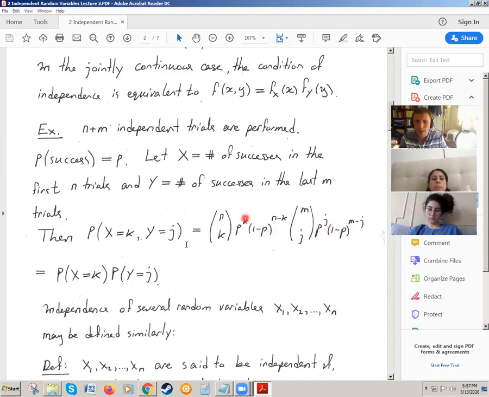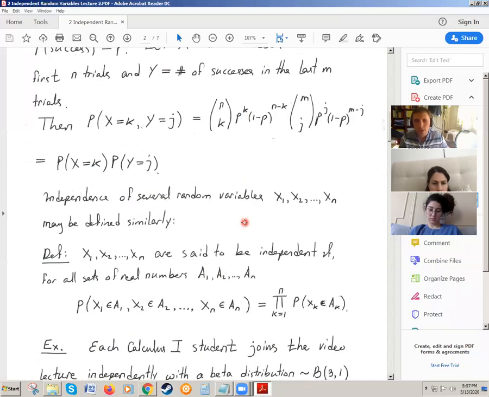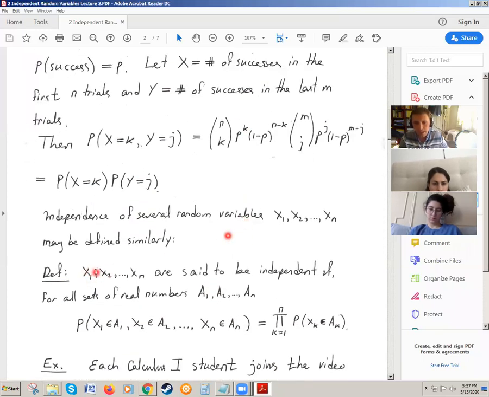Those are the probabilities that X equals k and Y equals j, and this probability is just the product of them. It's very easy to generalize independence to many random variables. That would be when the probability that X1 is in A1, X2 is in A2, through Xn in An ends up being the product of each of those probabilities separately.